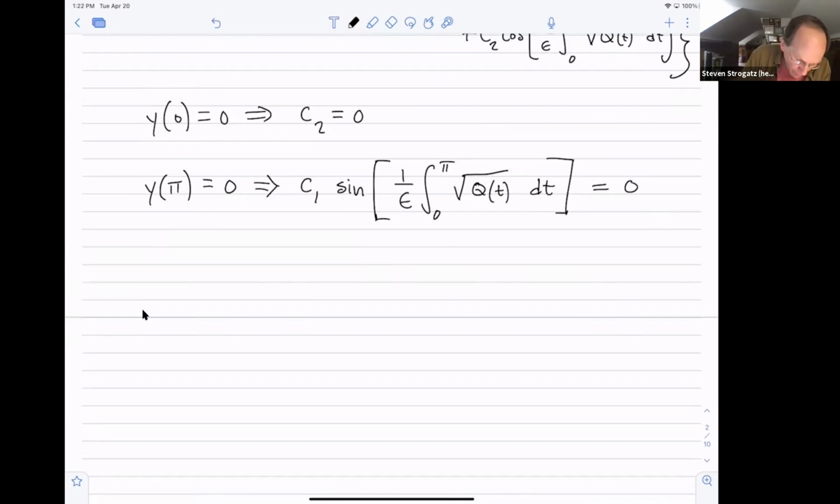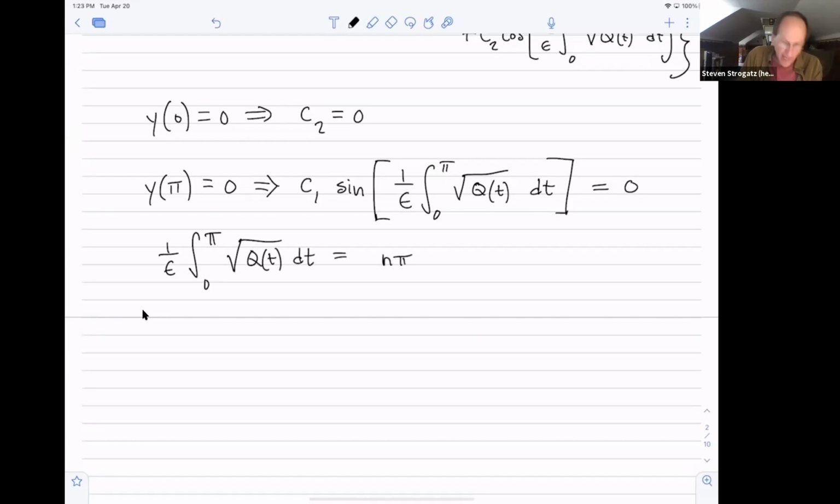So our condition is 1 over epsilon times the integral from 0 to pi of square root of q of t dt is n pi, where n is 1, 2, 3, etc. We can't have negative n's because we know that the left-hand side is positive. So we get this quantized set of conditions.